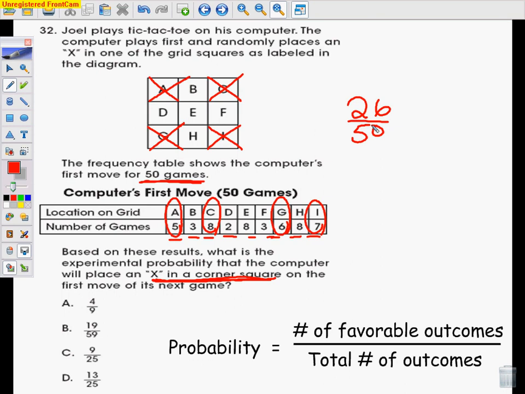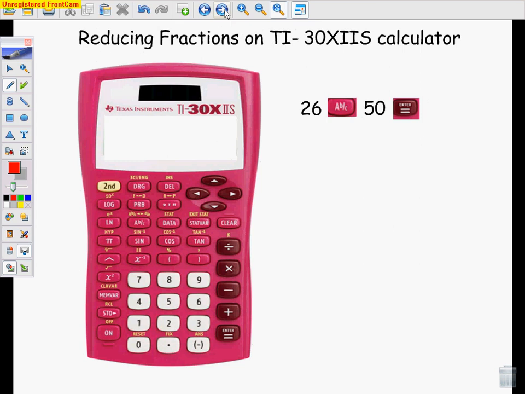So the answer is 26 out of 50. Now, if you notice, that's not one of the solutions, but 26 over 50 does reduce to 13 over 25. All right, so our probability is 13/25.